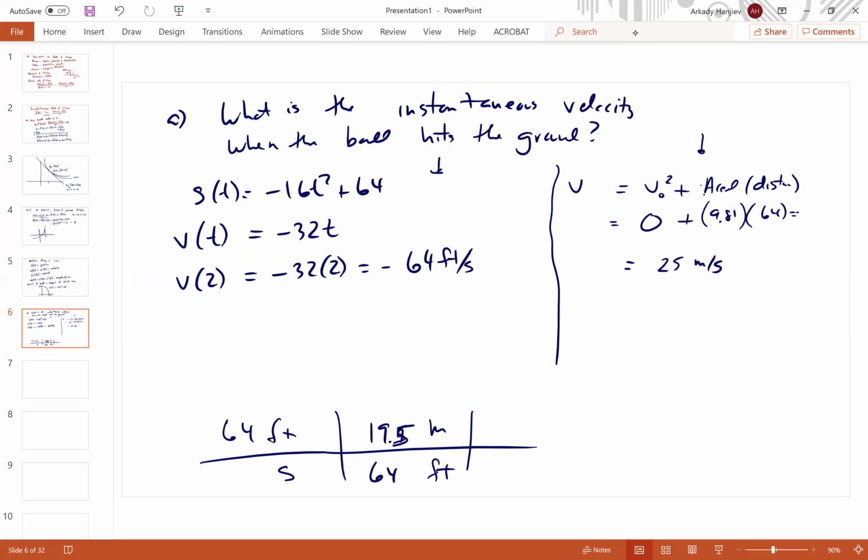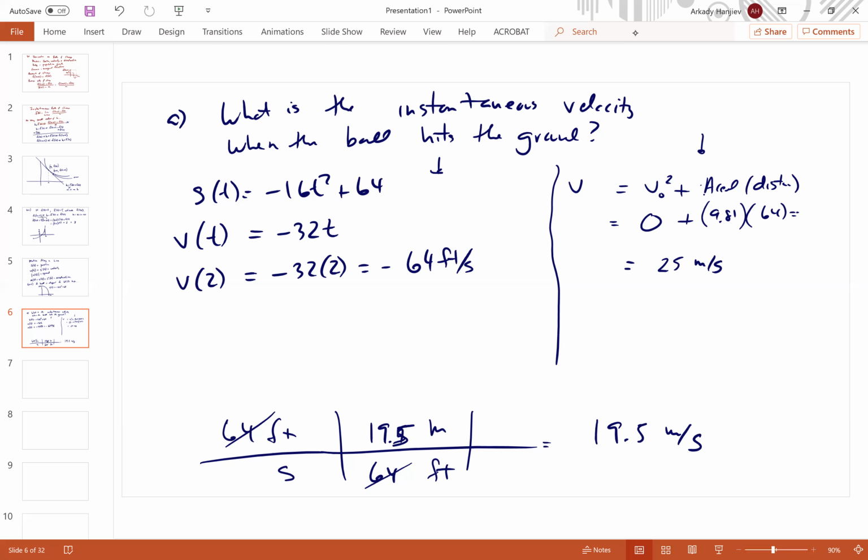Okay, we have a little disparity, guys. Look at that, because the 64 feet are going to cancel each other out. So according to this one, and you guys tell me if I did the math correctly, going from calculus into the non-calculus version, I got myself 19.5 meters per second. True?